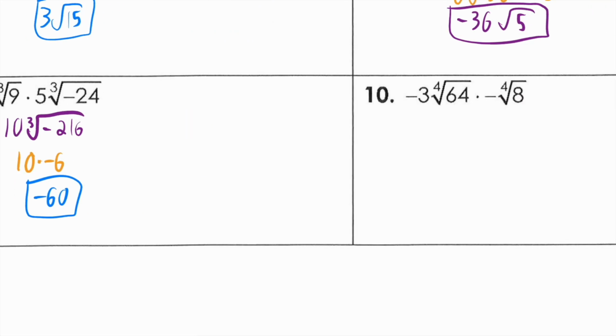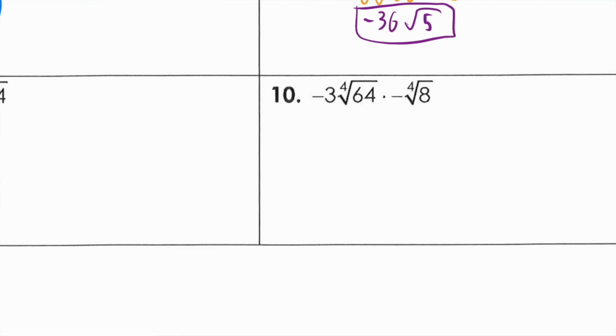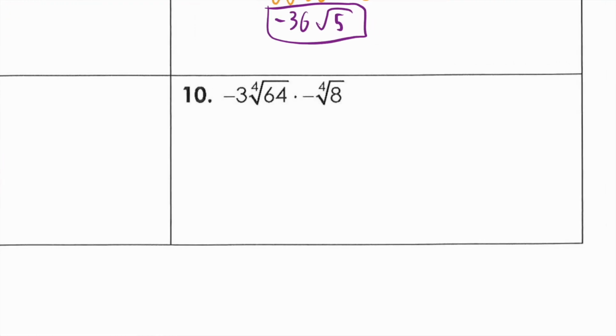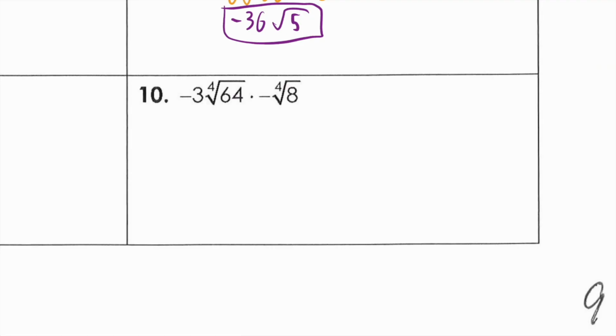On to number 10. Negative 3 times the 4th root of 64 times the negative 4th root of 8. So you do negative 3 times a negative, essentially 1, giving you just positive 3. And then you have the 4th root of whatever 64 times 8 is, which is 512. That makes sense.